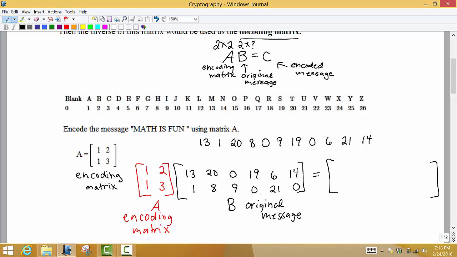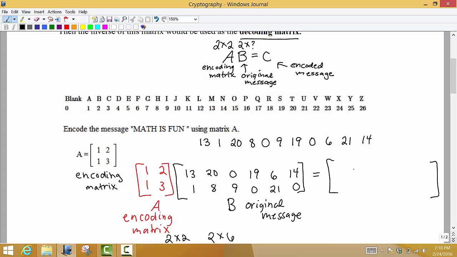So when I multiply those two together, we have a 2 by 2 matrix, and I'm multiplying that by a 2 by 6 matrix. So we know that the matrix multiplication is possible and that our result will be a 2 by 6 matrix.